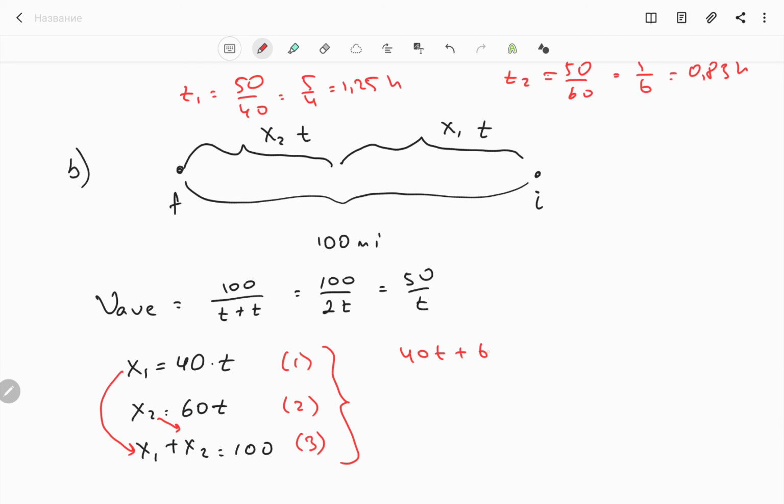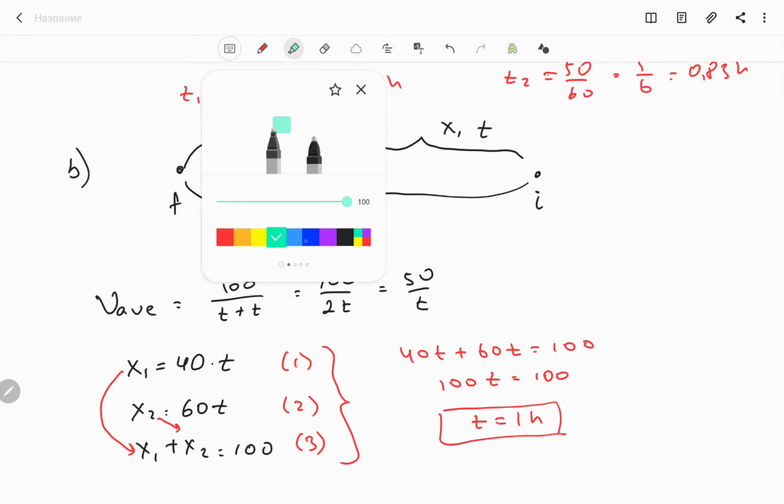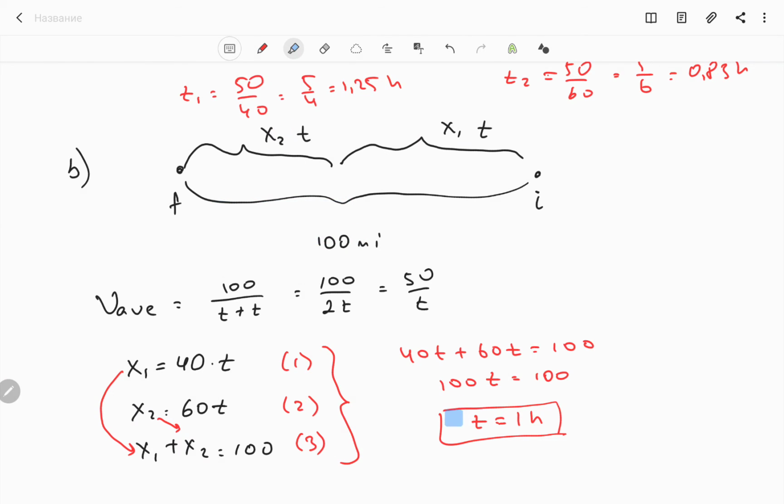40t plus 60t equals 100. 100t equals 100. So as you can see, time equals 1 hour. What is this 1 hour? 1 hour is the half time. So total time will be 2 hours.